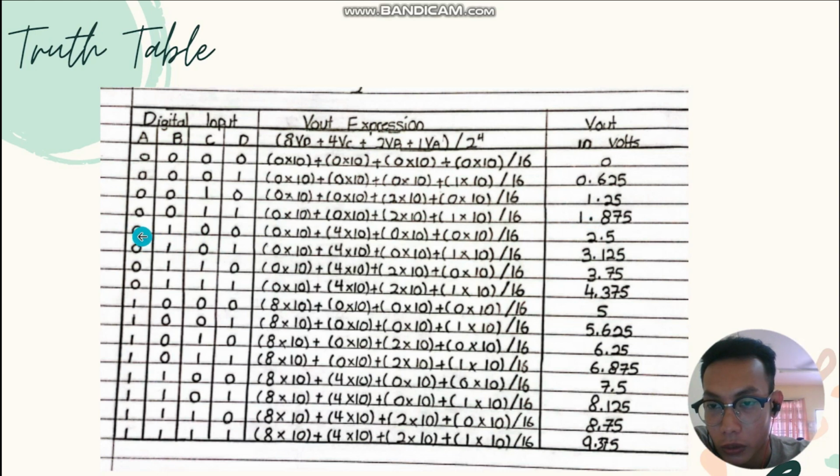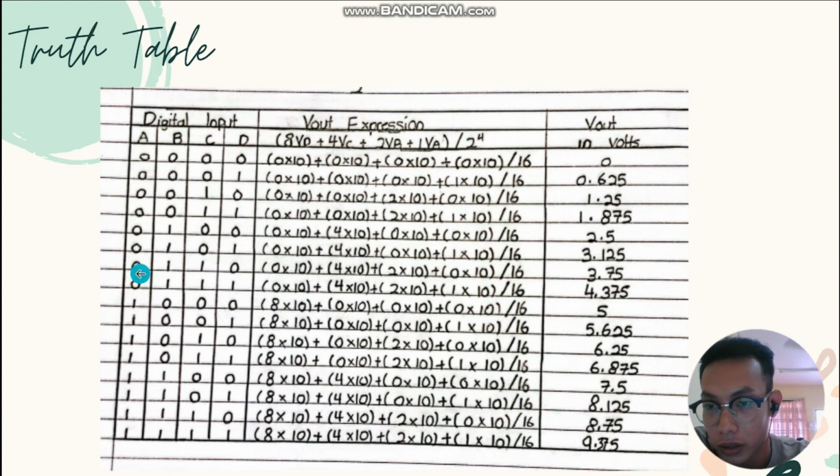And 0100: 0 times 10 plus 4 times 10 plus 0 times 10 plus 0 times 10 over 16, and we get 2.5 volt. So that 0101: 0 times 10 plus 4 times 10 plus 0 times 10 plus 1 times 10 over 16, and we get 3.125 volt.